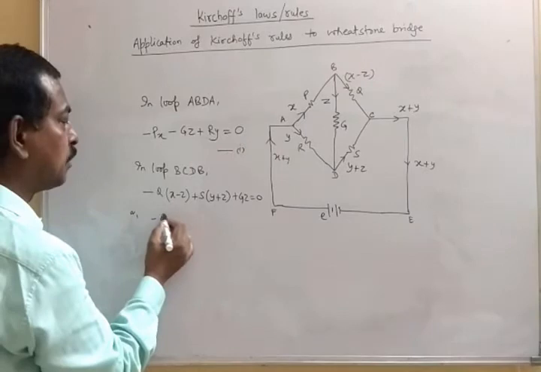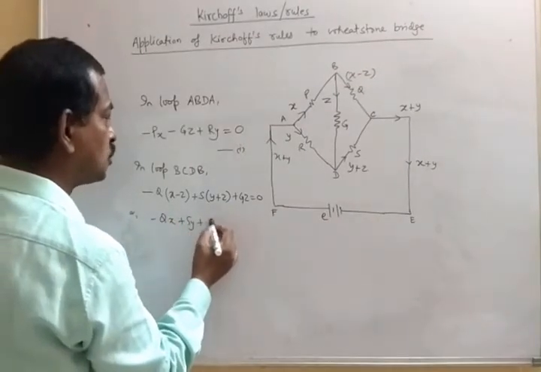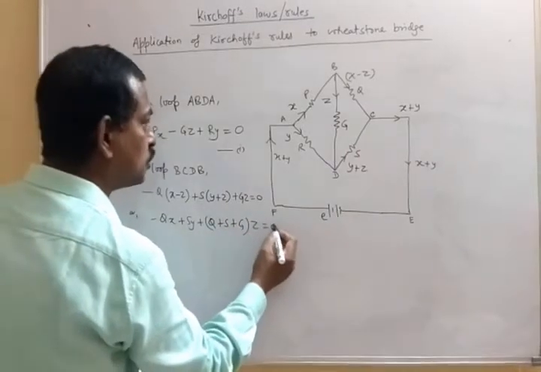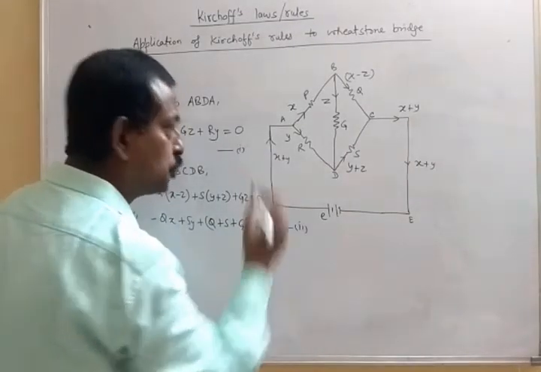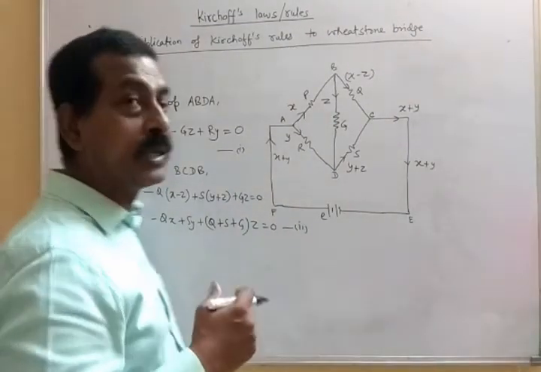Or we can write minus Qx plus Sy plus Q plus S plus G, Z equals to 0. Let it be equation number 2. Now, we have to take the third equation also.